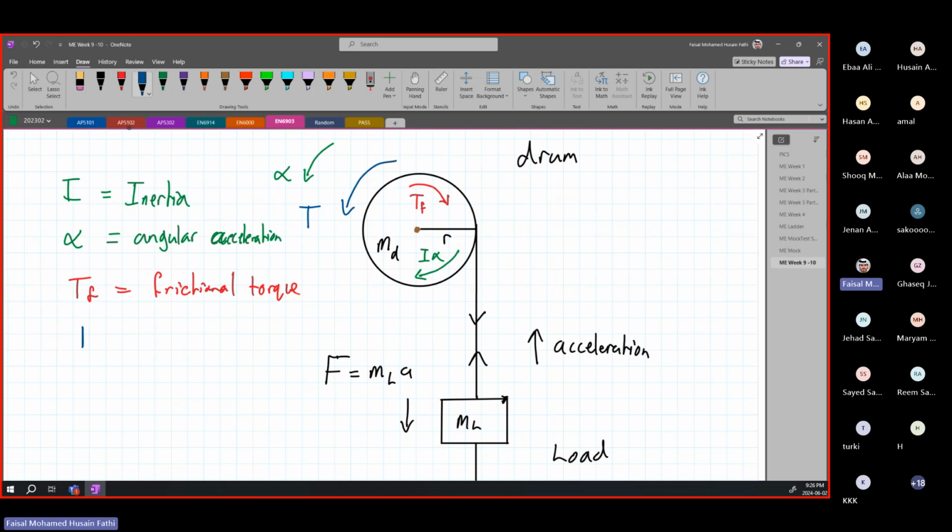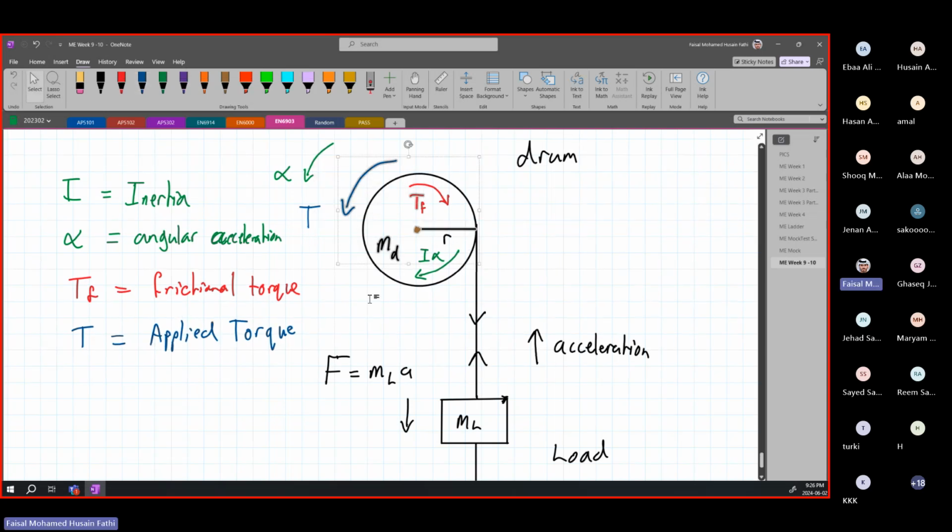And we have T, the actual torque itself, I should say the accelerational torque, or the actual torque that is being applied. Let's call it applied torque. Applied torque is the power that is generated in this motor or whatever to make it rotate counterclockwise. And this is the case all the time.